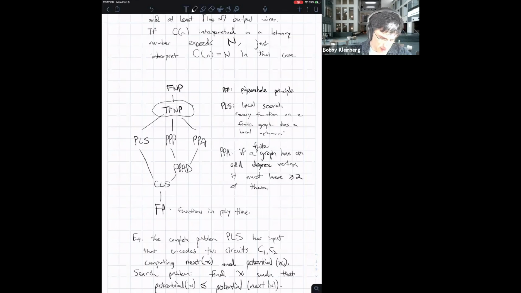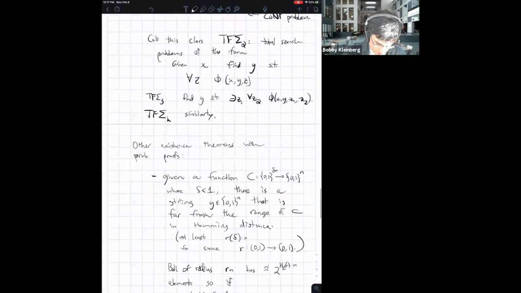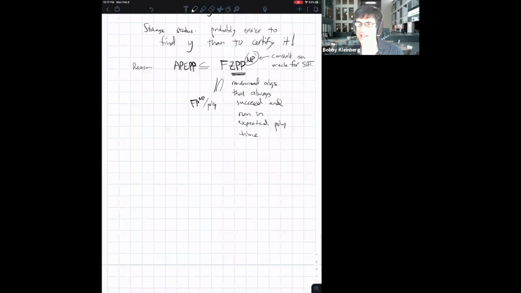So let me relate that to what I hope to have shown you about the higher levels of the hierarchy. Inside TF sigma 2, I gave you at least one example of a subclass that I would argue contains interesting problems, and in fact a subclass deeper within it that contains most of the interesting problems in the first one.